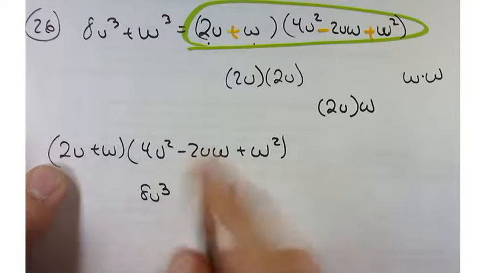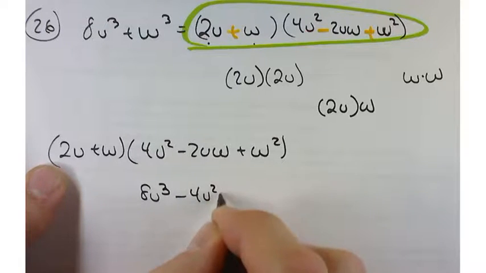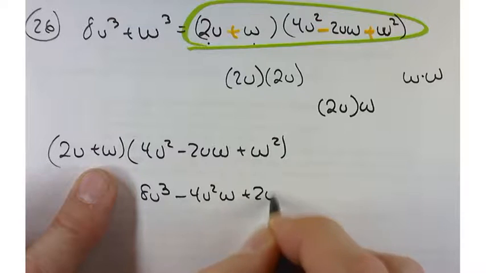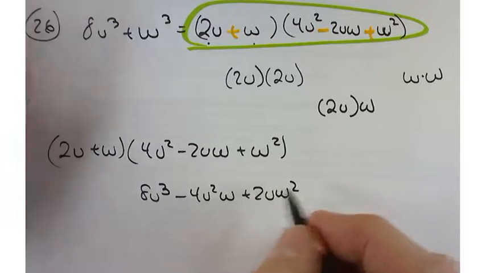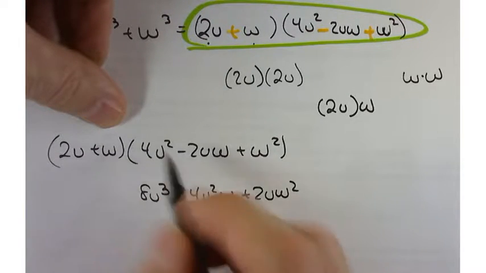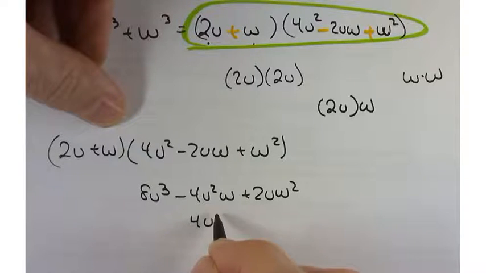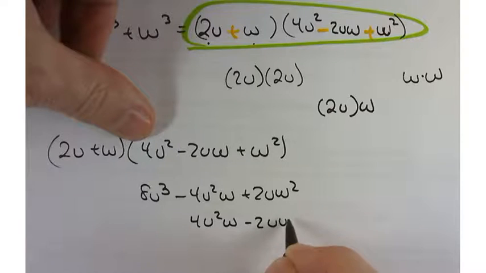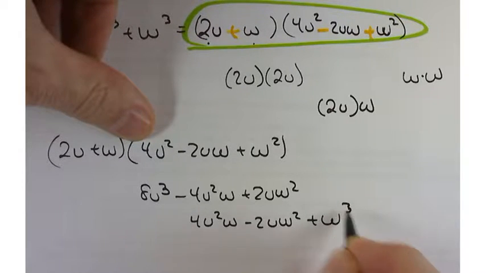The middle terms give me minus 4u squared w, and the outside terms give me plus 2uw squared. Now let's distribute the w. I get 4u squared w minus 2uw squared plus w cubed.